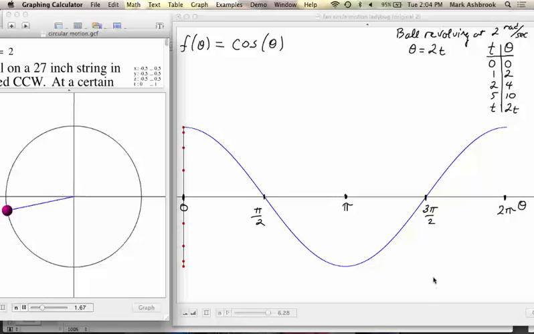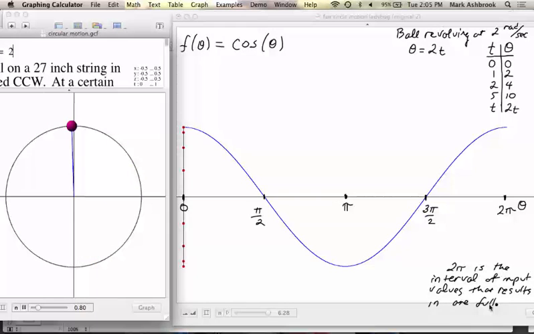So what we're saying is that 2 pi is the interval of input values that results in one full cycle of output values. Would you agree with that?